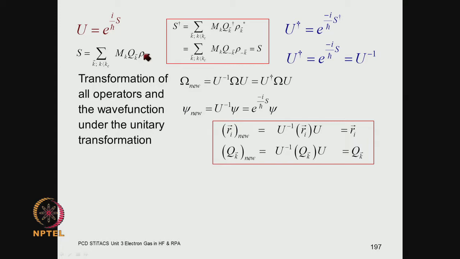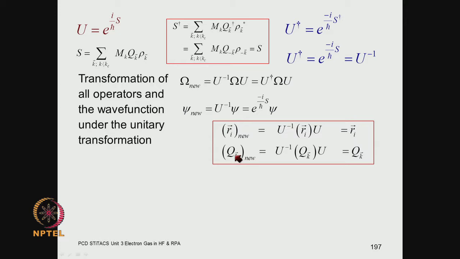S is made up of rho, and this is made up of the terms Ri, the position vectors, right? They are sitting over here, and the position vector of course commutes with any function of a position operator. So, this operator Ri commutes with this. So, U inverse U Ri will give you Ri itself. So, the new coordinate remains invariant.